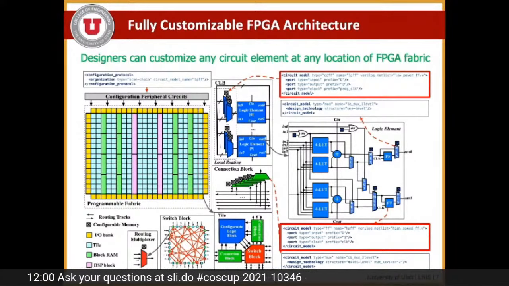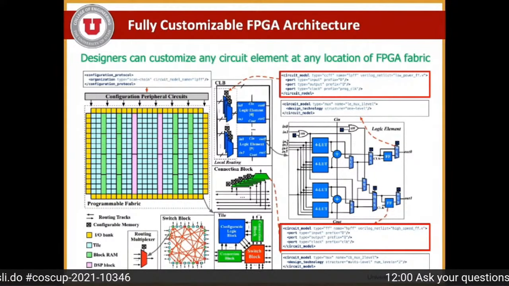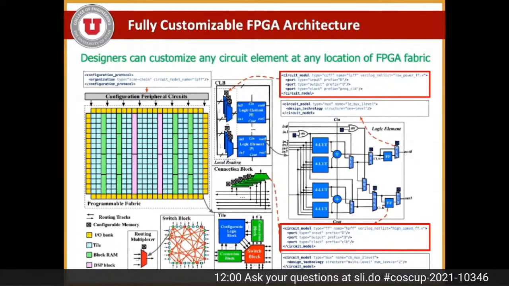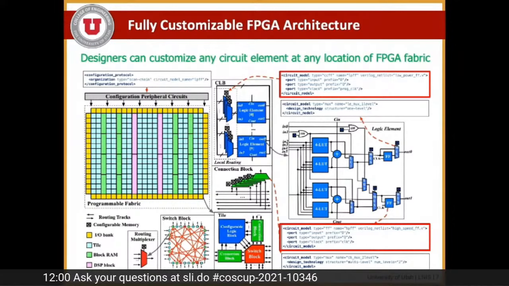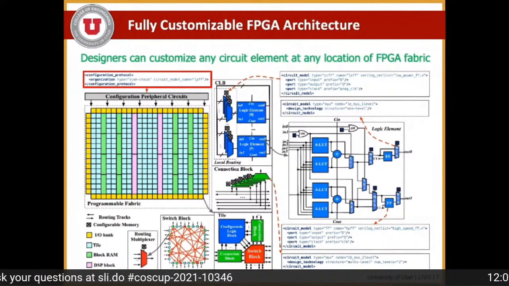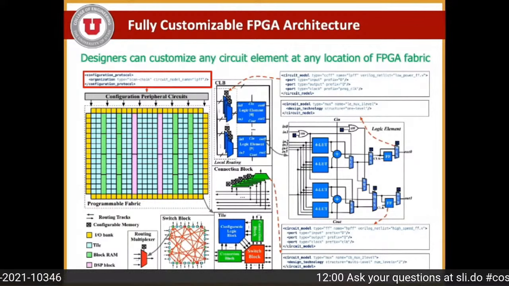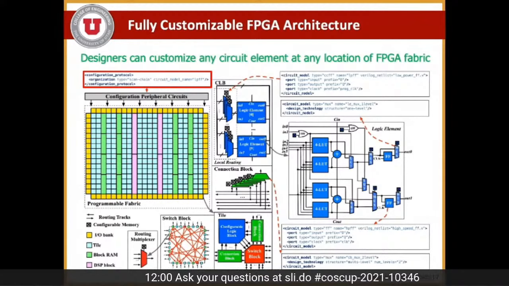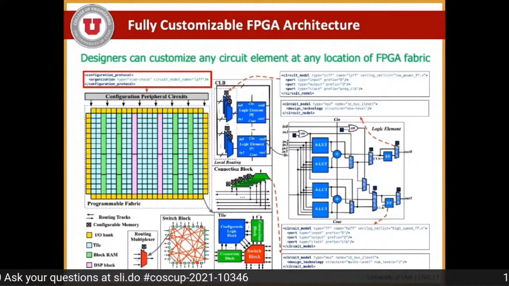However, in the configuration memory, people may prefer some low-power flip-flops to minimize the configuration power of the FPGA. And also, you may know that FPGAs may have different ways to configure. OpenFPGA offers language syntax to allow people to customize the configuration protocol circuitry as well.